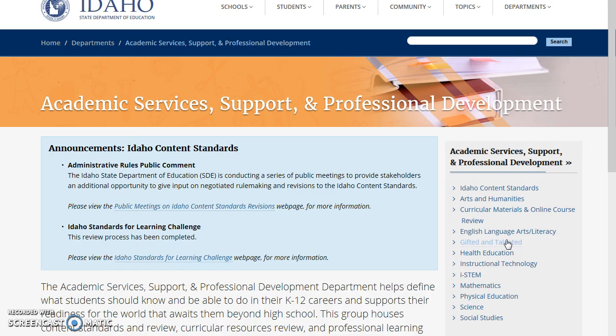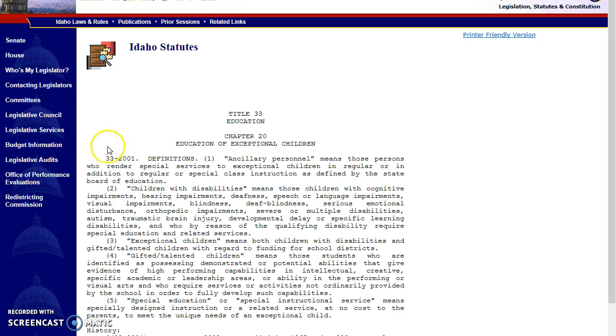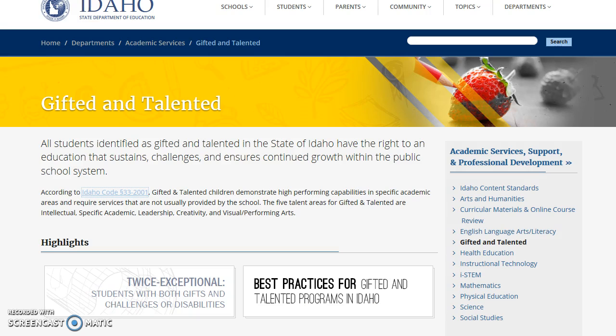And here you will see gifted and talented. You will see code that defines all of the definitions around exceptional children, which means not only children with disabilities, but children with very high abilities. And I would think that in the future, we're going to have children who are twice exceptional in our definitions.